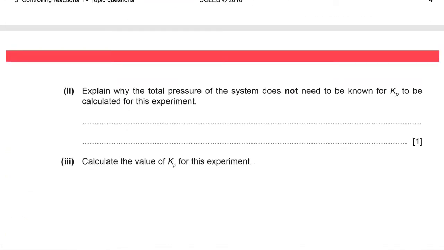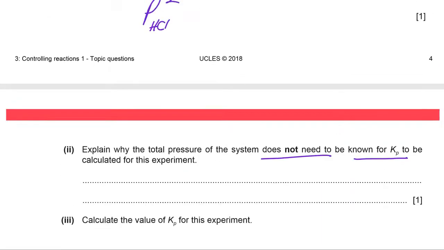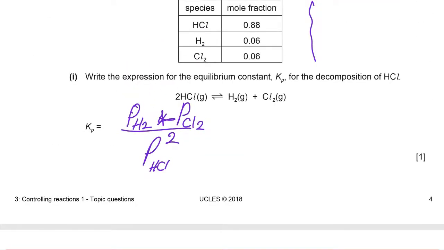Explain why the total pressure of the system doesn't need to be known for Kp to be calculated for this experiment. Let's come back to the balanced chemical equation. In the balanced chemical equation, you have 2 moles in the reactant, and 2 moles in the product.